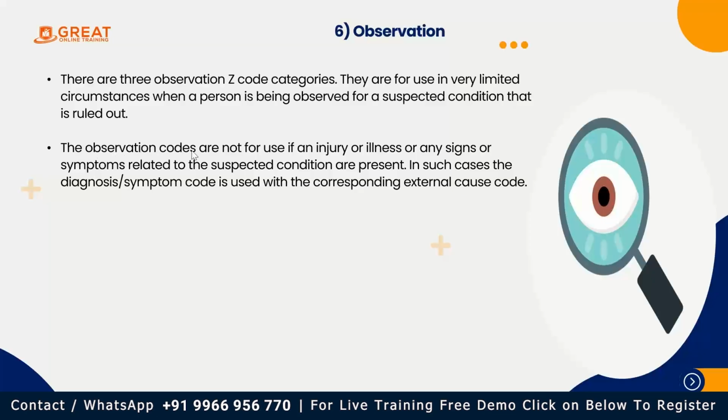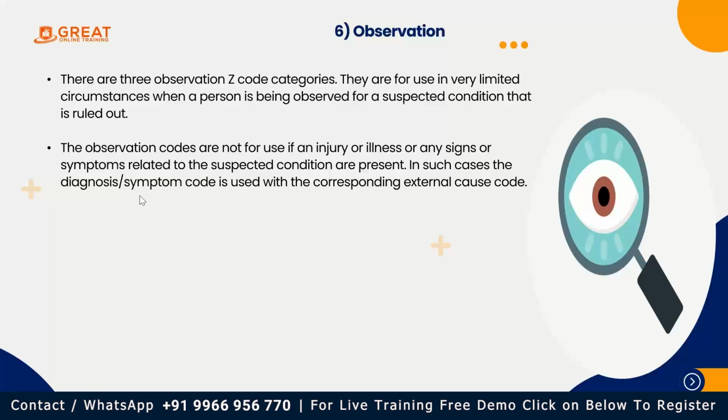The observation codes are not for use if an injury or illness or any signs or symptoms related to the suspected condition are present, because in that case you have to code the signs and symptoms of the particular injury or illness.